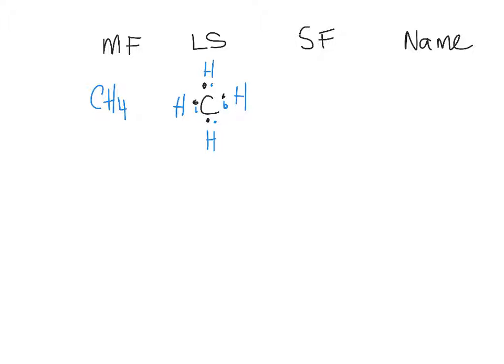And carbon has access to a total of 8, so it's filled its octet. So that is also your Lewis structure. And then the structural formula just shows bonds, no lone pairs. Carbon has no lone pairs. It doesn't want lone pairs.